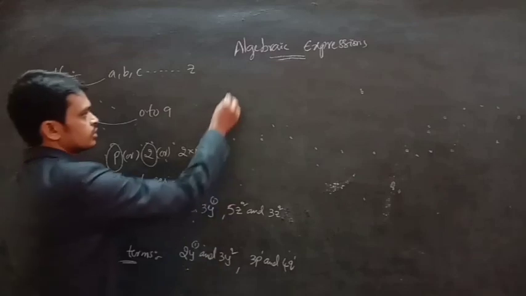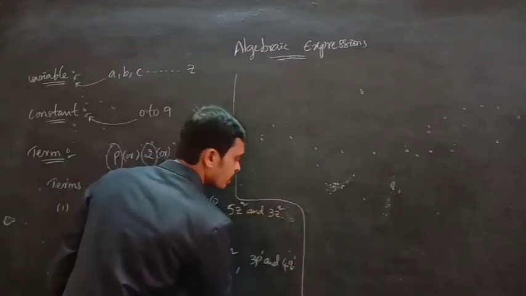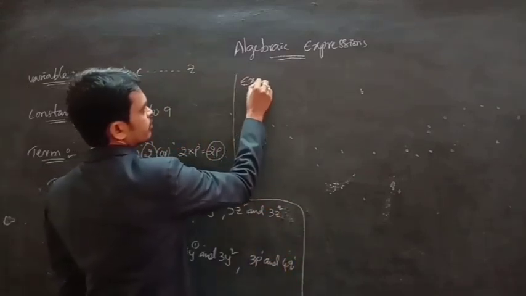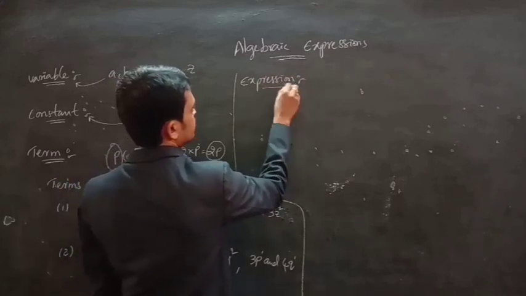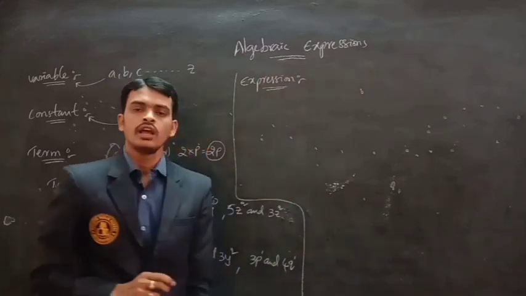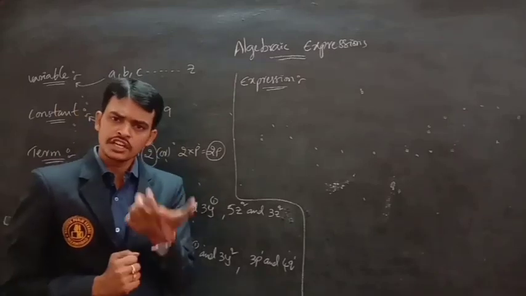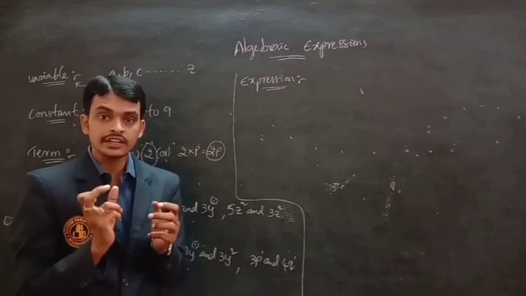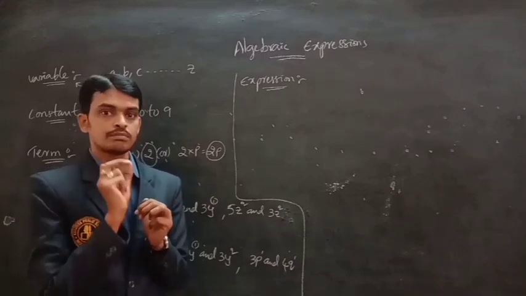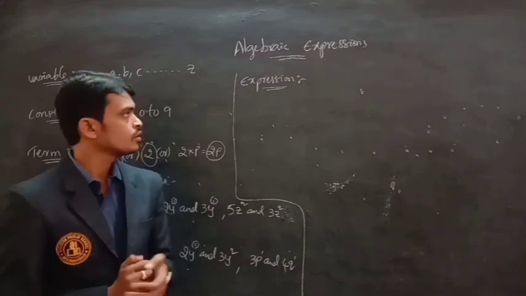Next, expression. An expression is a single term or a combination of terms connected by the symbols plus and minus. So a single term like 2x is also called an expression.